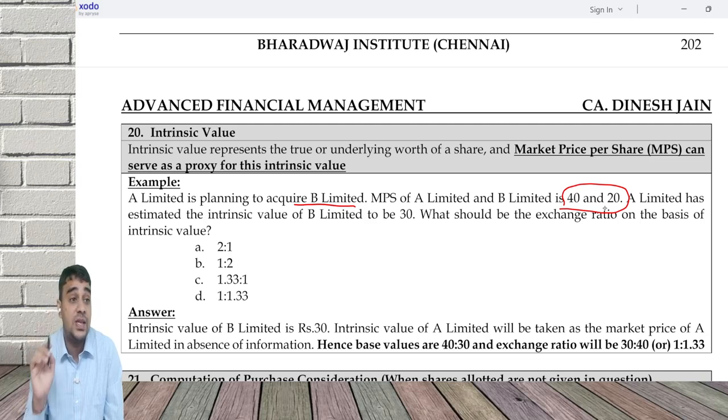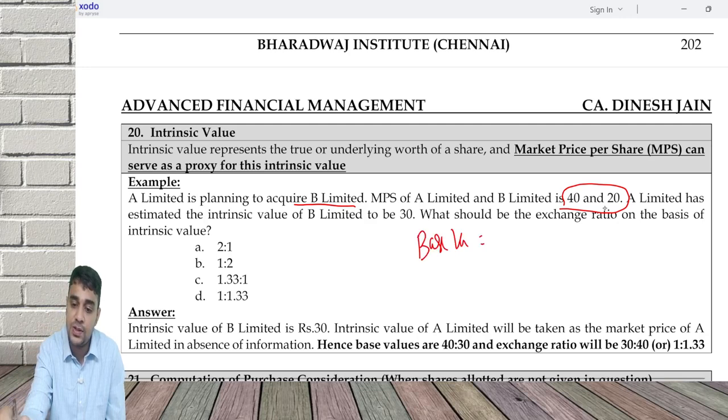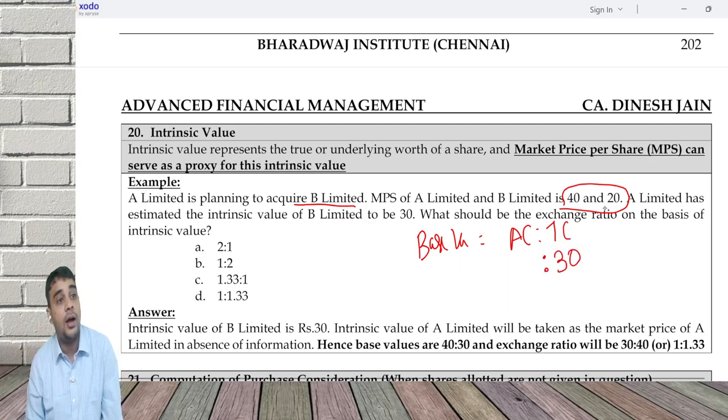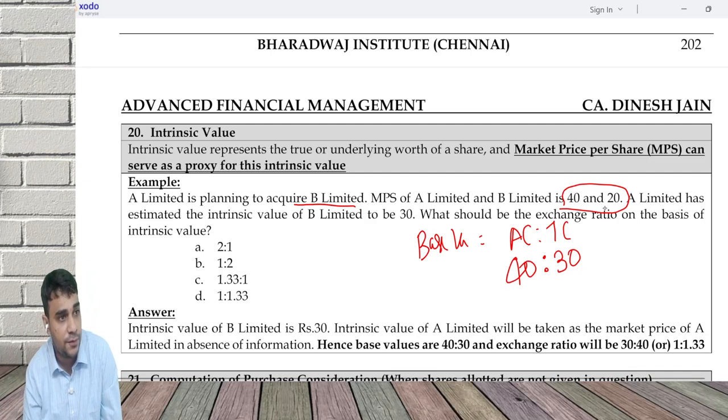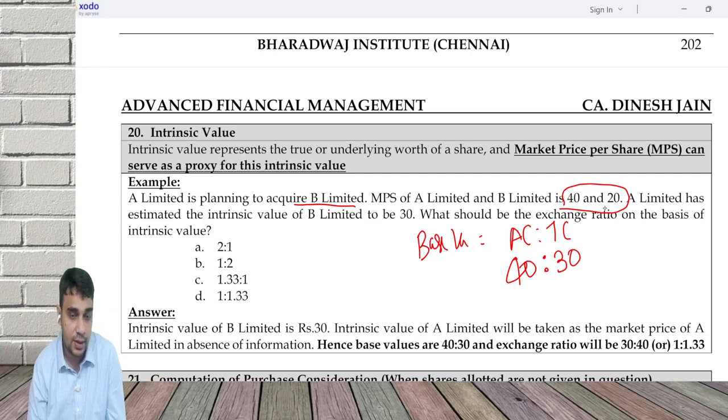What should be the exchange ratio on the basis of intrinsic value? For intrinsic value, I have to write the base value: acquiring company to target. Target intrinsic value is 30. Acquiring intrinsic value, due to lack of information, is the market price of 40. If they give some data on intrinsic value, please write intrinsic value is the real worth of a company.